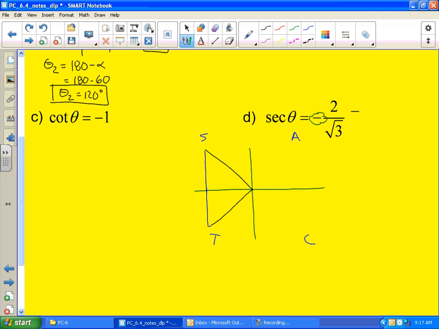Secant is an r over an x. So we know our r is 2, and we know the x's in both of these triangles happen to be a negative root 3. Remember, my r can never be negative, so I know that negative 2 over root 3 ratio means that x has to be negative.